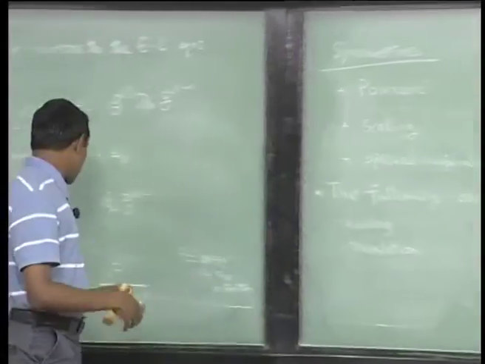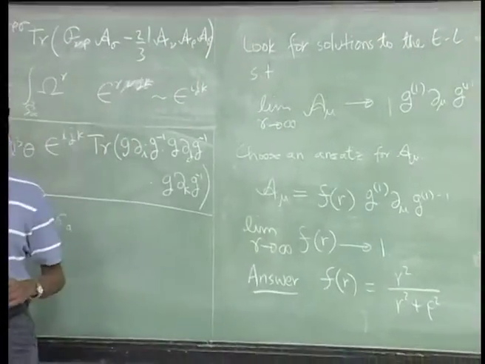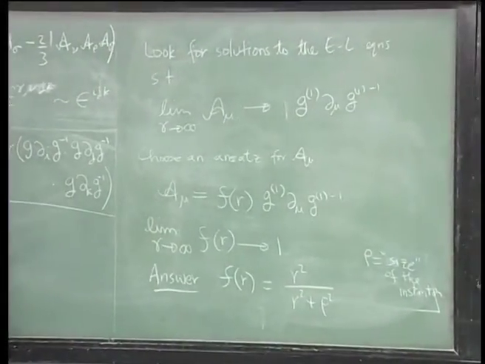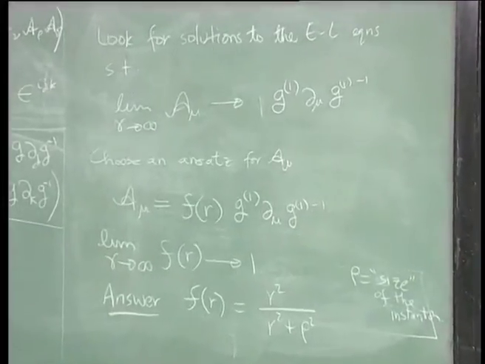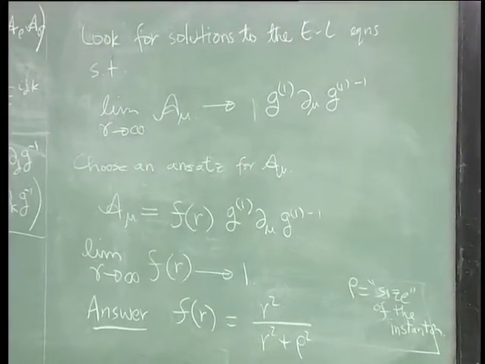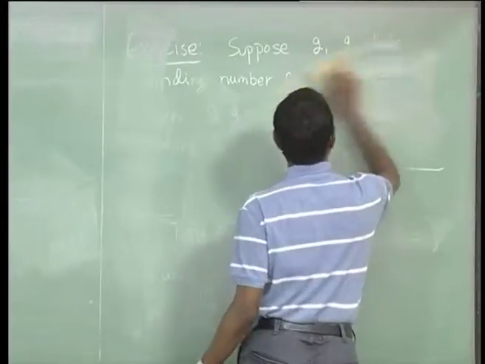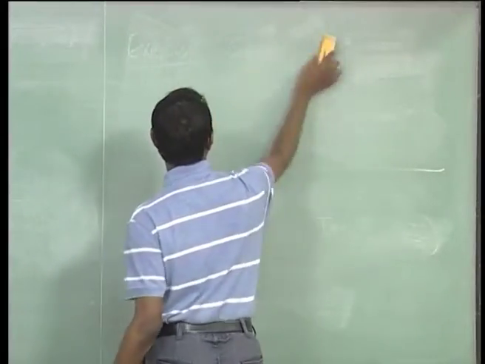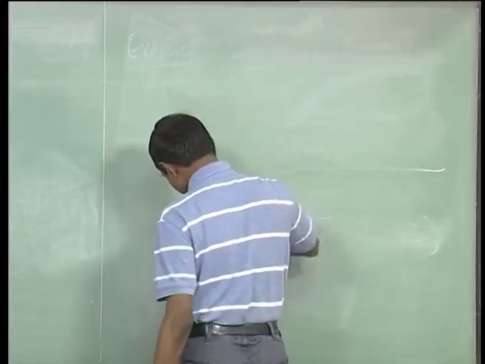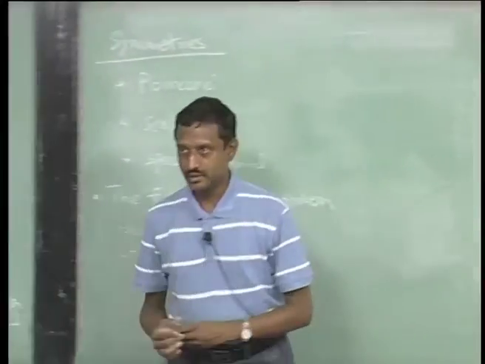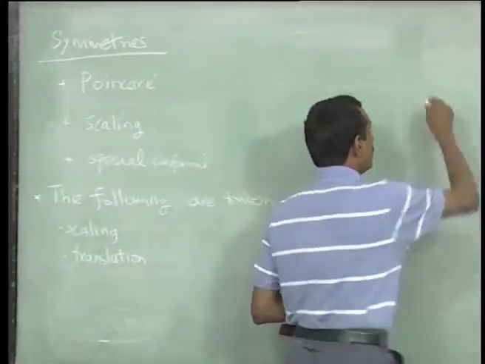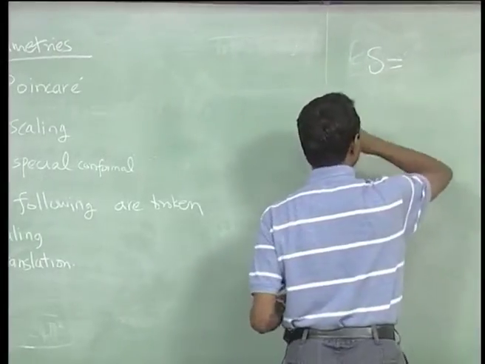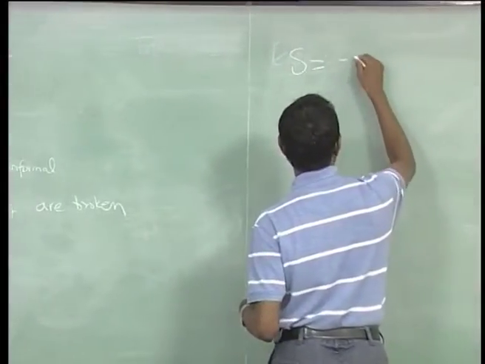But the nice thing about this is that we need not solve these equations, we can solve a set of first order equations. They are much easier to solve, and that is what I am going to do. It is very similar to what we did earlier, except now we are looking at a situation of finite action.